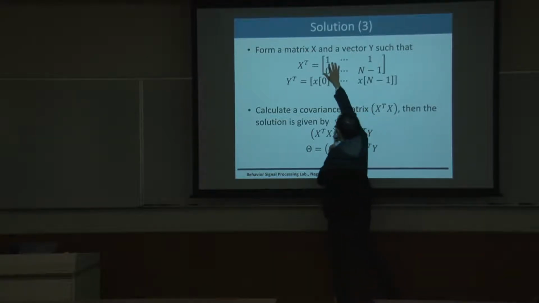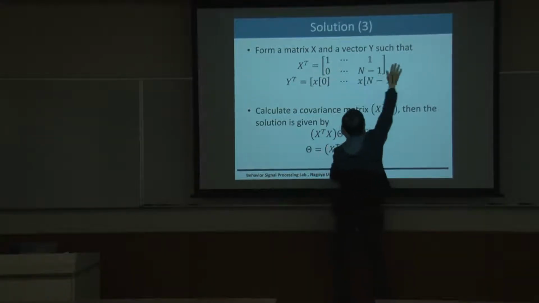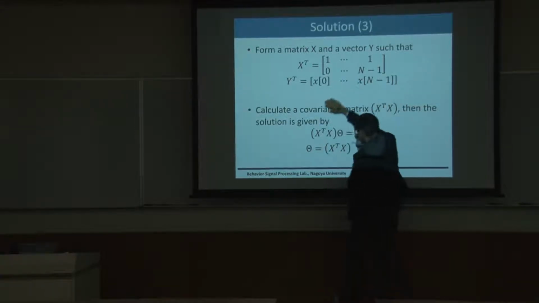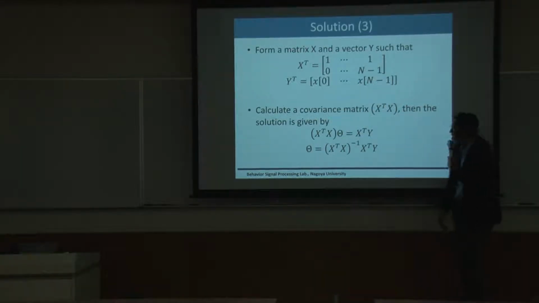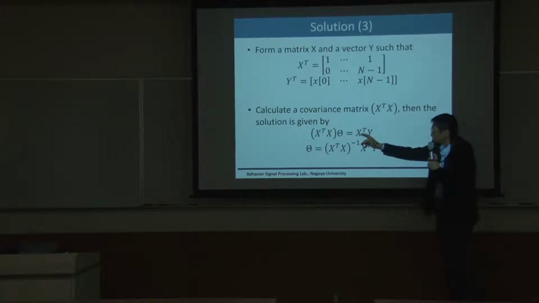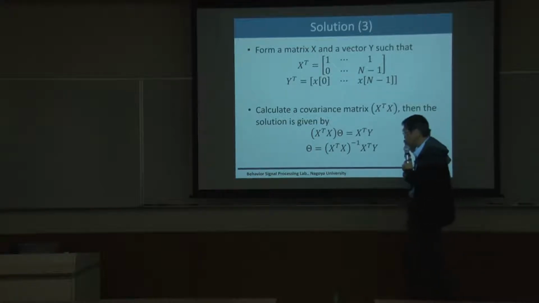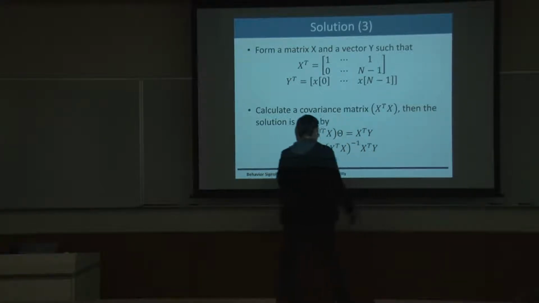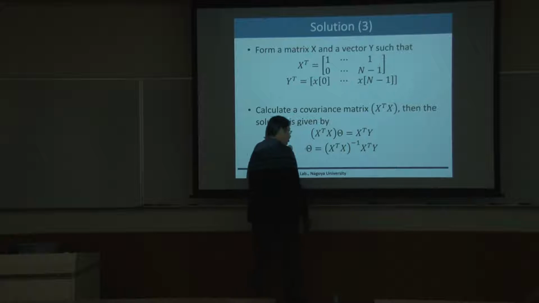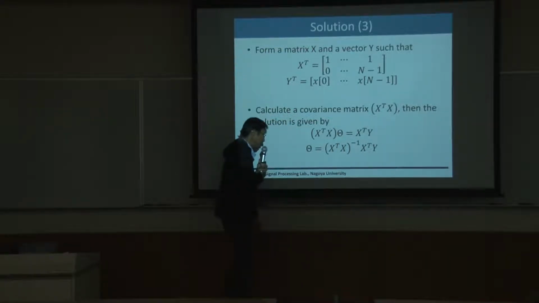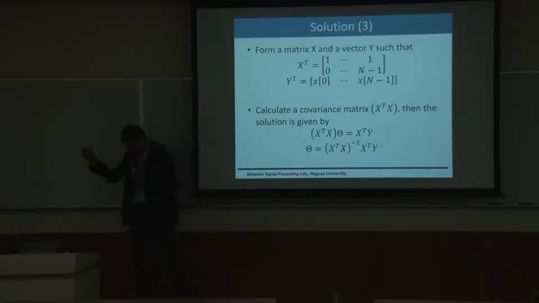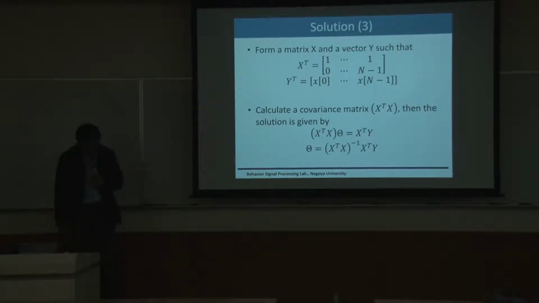X transpose is like here, and y is like here. So you can multiply from the right-hand side to x transpose, which gives you, again, a column vector, whose number of elements is the same as the number of free parameters. So I hope you understand somehow.